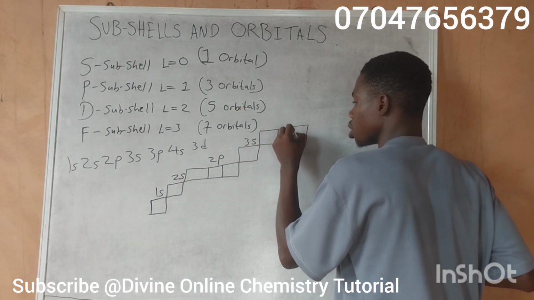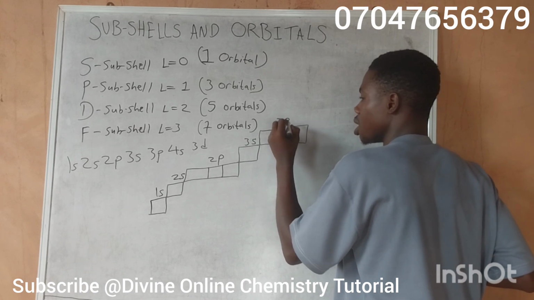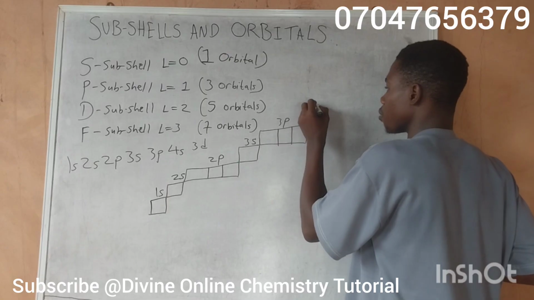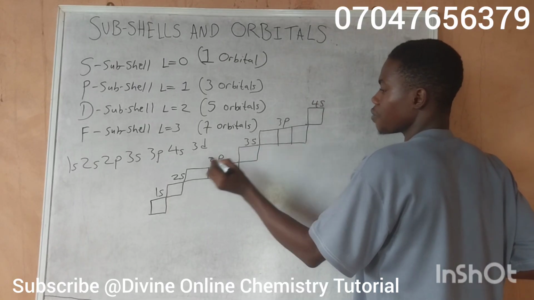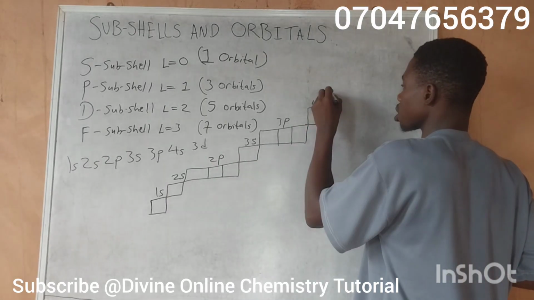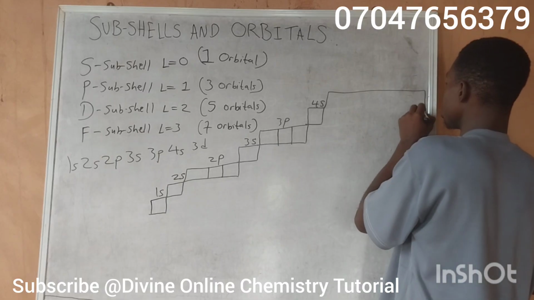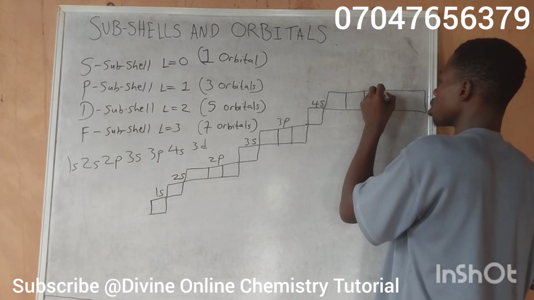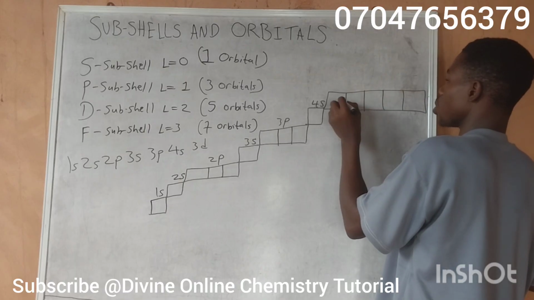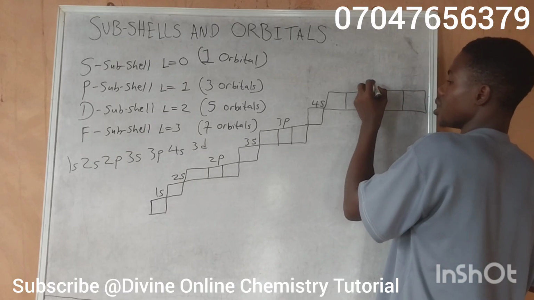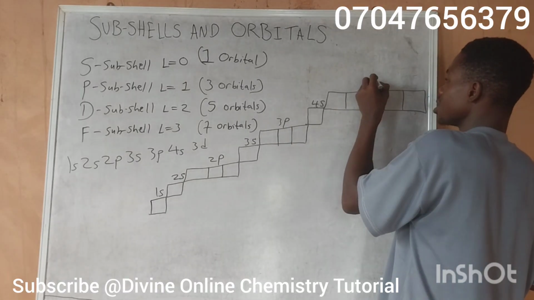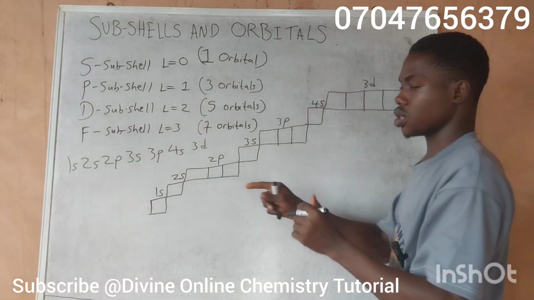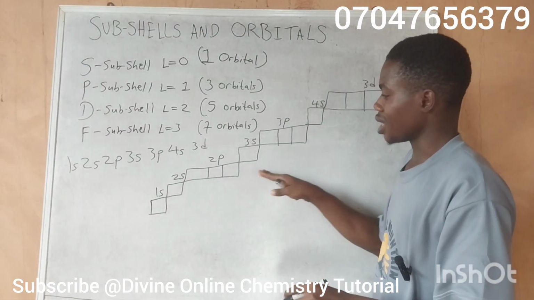After 3p, the next one is 4s. Now after 4s, the next one is 3d. So these are what the orbital diagrams look like.